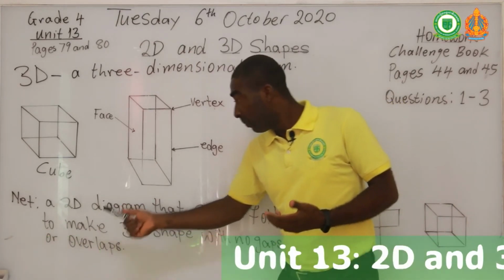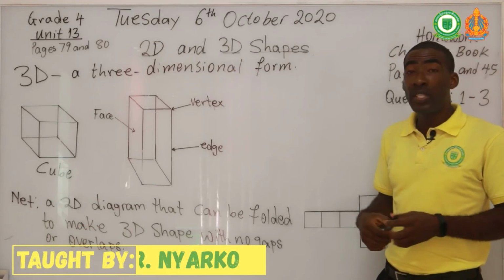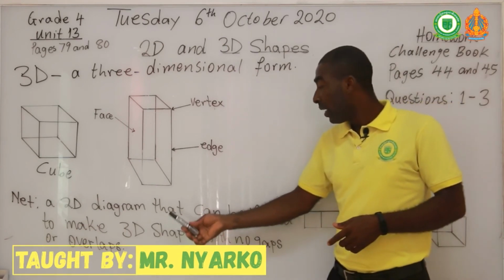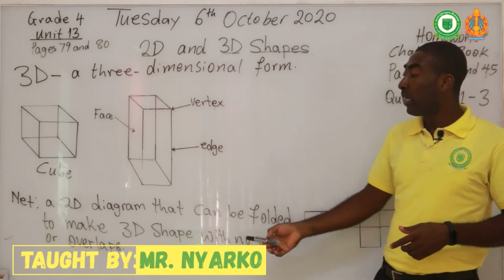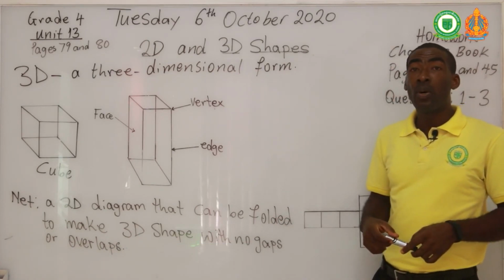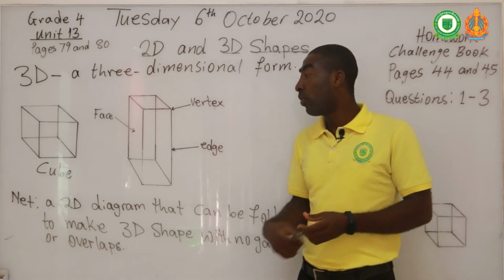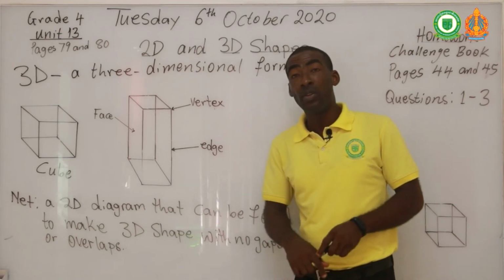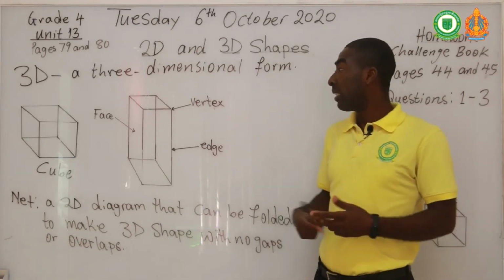So a net again is a 2D diagram that can be folded to make a 3D shape with no gaps or overlaps. So don't forget the meaning of a net.